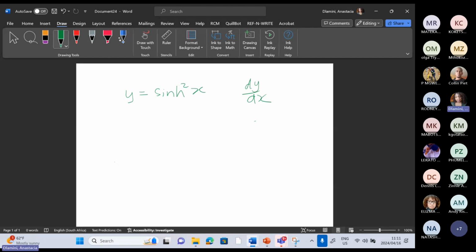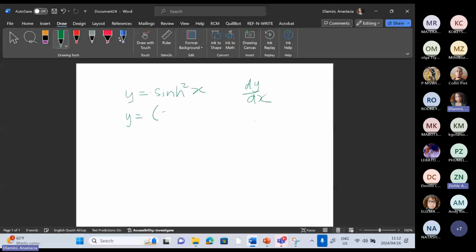Let's try, guys. Someone help, please. Are we not going to write it as sinh x in brackets, then put the 2 as an exponent outside? Thank you. So let's write it like that.